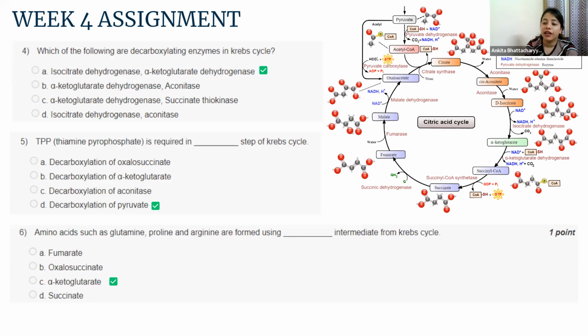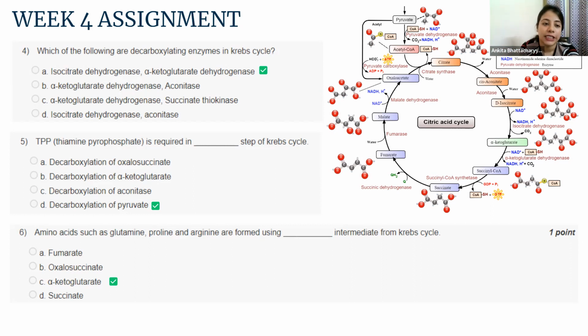But one very advantageous part is that the nomenclature of the citric acid cycle has been done in such a way that if you just remember the intermediates, you'll more or less be able to recall the enzyme, because you'll know which step that particular enzyme is working in, and that name is actually derived from the same as well. So that's an easy way to proceed with it.